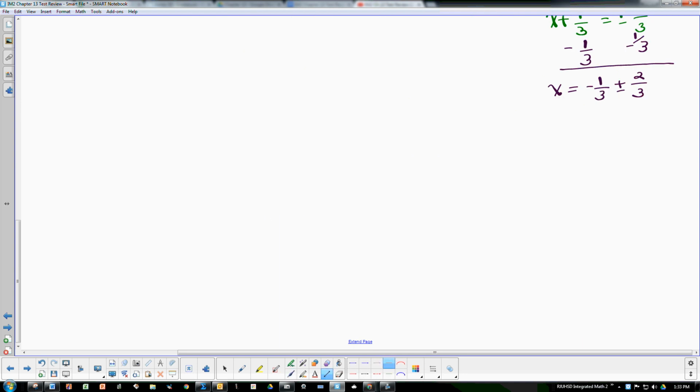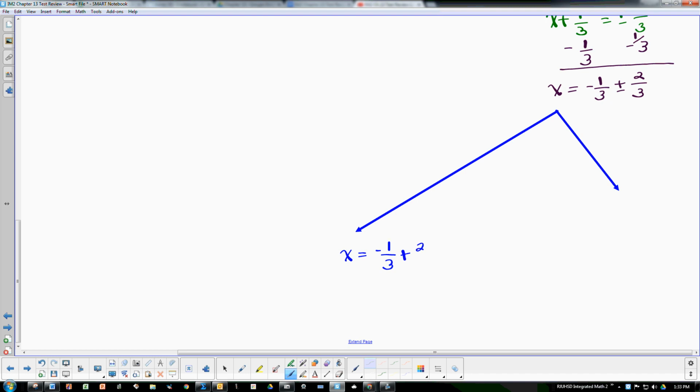And we have two things happening here. We can separate it into two problems. This could be x is equal to -1/3 plus 2/3, and x is equal to -1/3 and then minus 2/3.